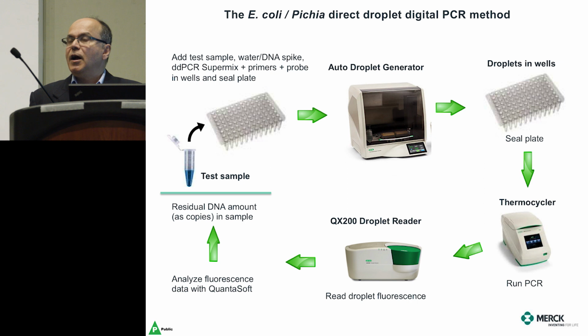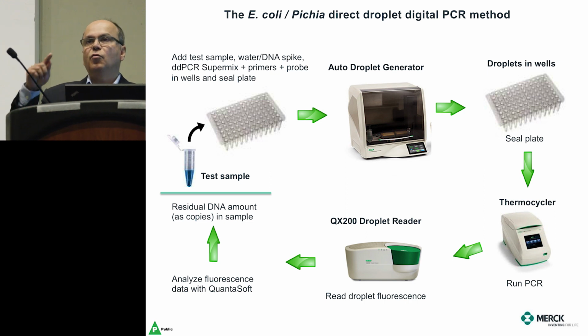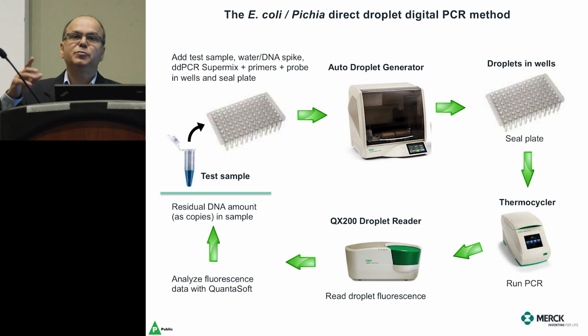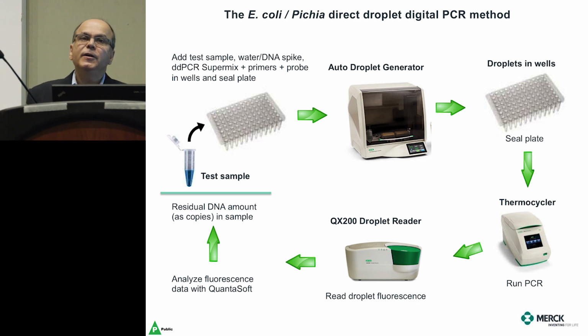So in brief, the droplet digital PCR is basically, if you think about a PCR reaction in a 96-well plate, in one well, various PCR reactions are going on.